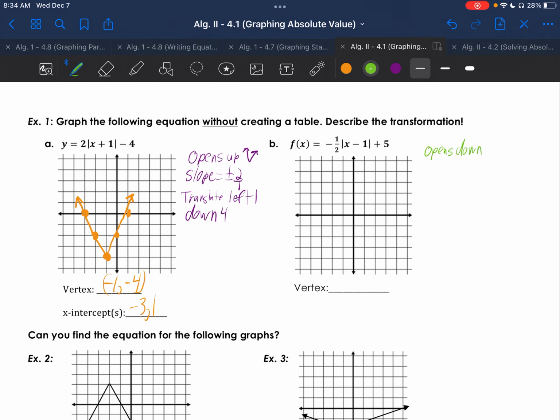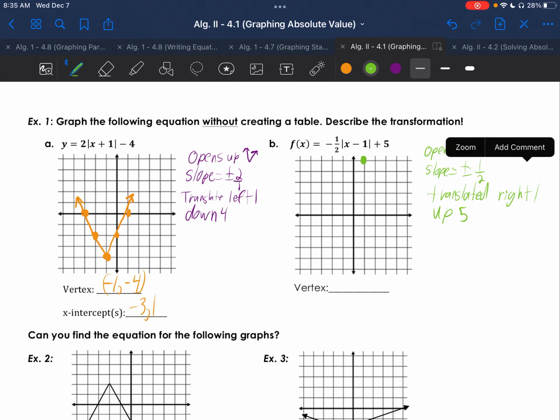All right, so letter B, it opens down. The reason we know that is because of this negative. The slope is positive negative 1/2 because of this 1/2 that's being multiplied. This negative 1, positive 5 tells us it's being translated right 1 because it's negative 1, you do the opposite, what's with the x, and up 5 because you do the exact same for what's with the y.